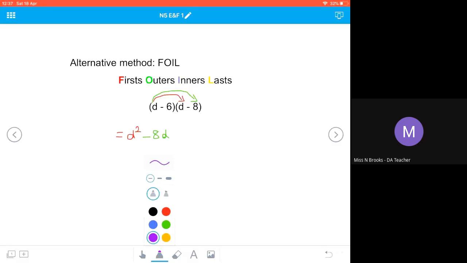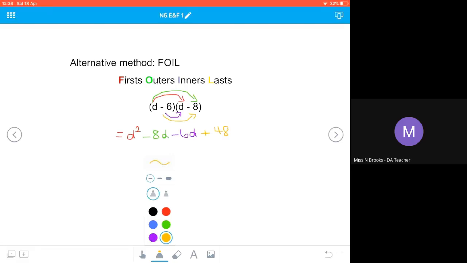So it's a negative 6 multiplied by d, which is going to give us a -6d. And then finally, we're going to do the last terms in each bracket. And so this is going to be negative 6 multiplied by negative 8. And negative 6 times negative 8 is going to give us a positive 48.